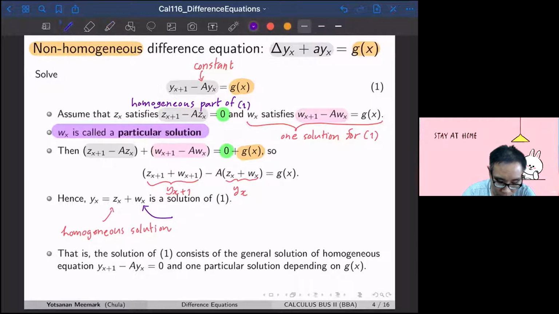Okay, so it's going to be the particular solution. So you have the general solution. This one will give you the thing called the general solution.